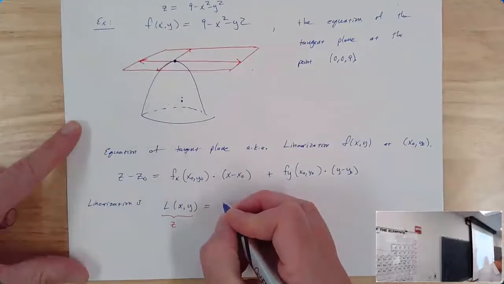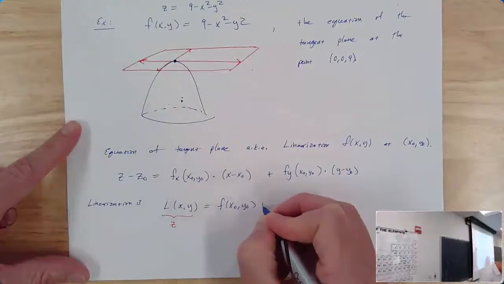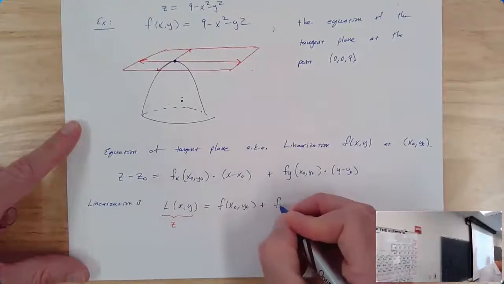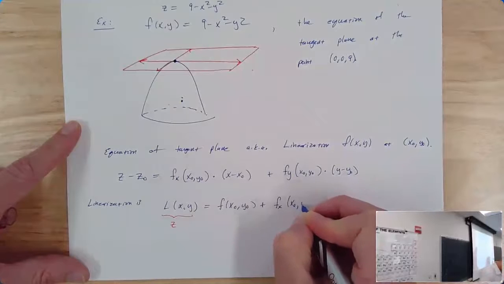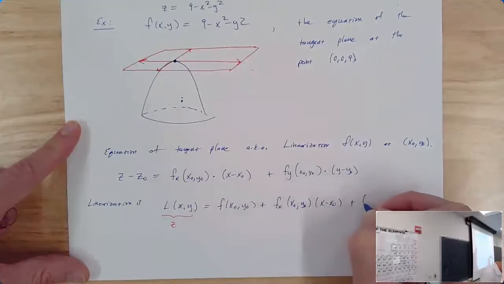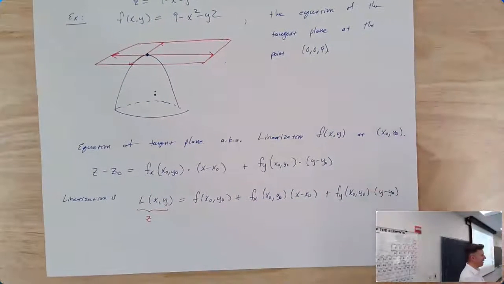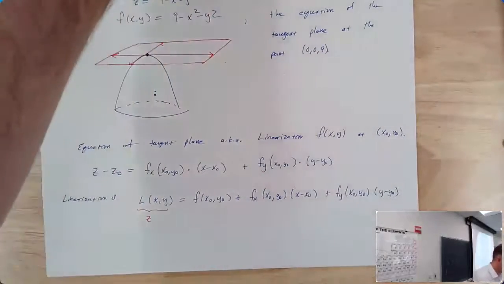So that's f of x naught, y naught, plus the partial with respect to x times x minus x naught, plus the partial with respect to y times y minus y naught. It's a bit lengthy, but it's really not that different from the thing we did before.